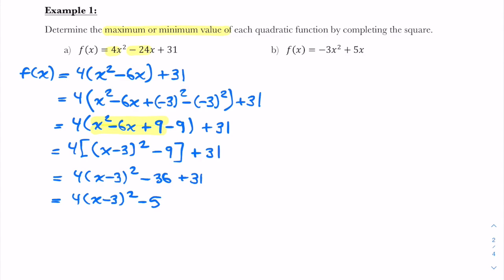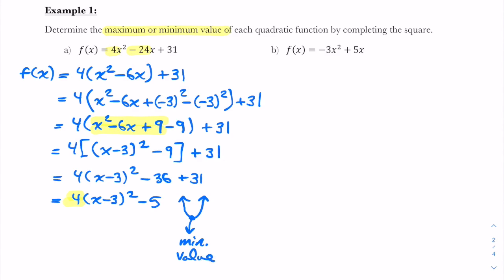Note that our a value is positive, that's the 4 in front of the brackets. Because the a value is positive, that tells you that your parabola opens upwards. I'll just make a sketch over here. And therefore, the minimum value is going to be the y value of the vertex.